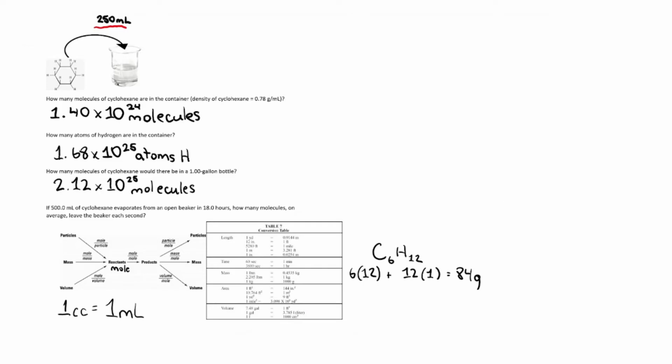Okay, now for the last question. If 500 milliliters of cyclohexane evaporates from an open beaker in 18 hours, how many molecules on average leave the beaker each second? So this one we're going to start off with 500 milliliters.